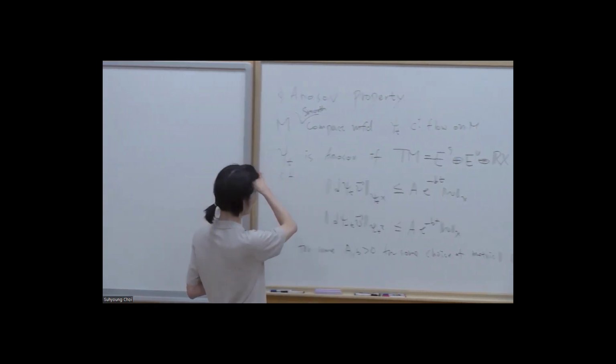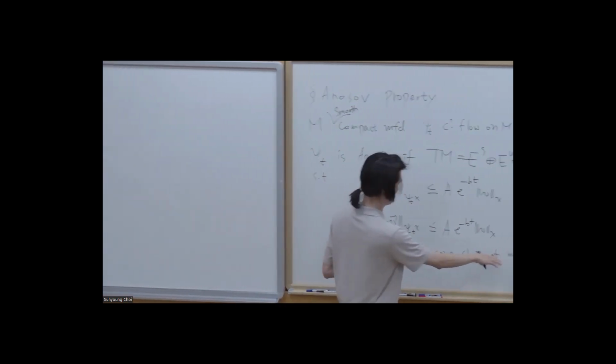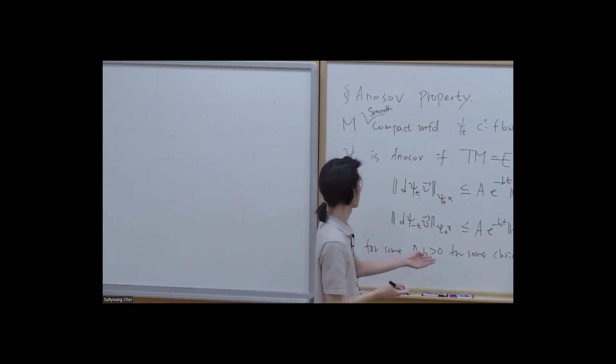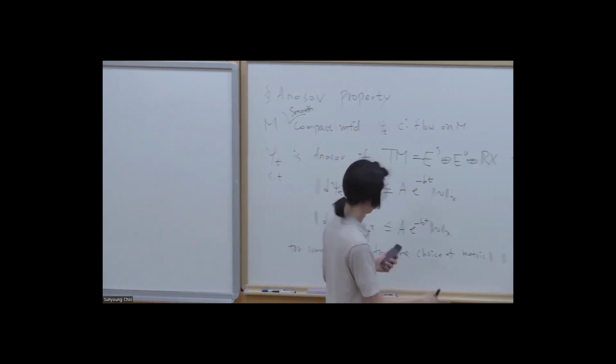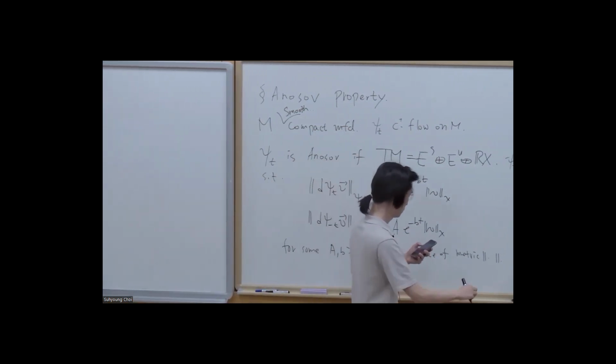And because our manifold is compact, this choice of metric is irrelevant. Any two metrics are bi-Lipschitz on a compact manifold, so it doesn't affect your definition. So this is a very classical notion of Anosov flow.